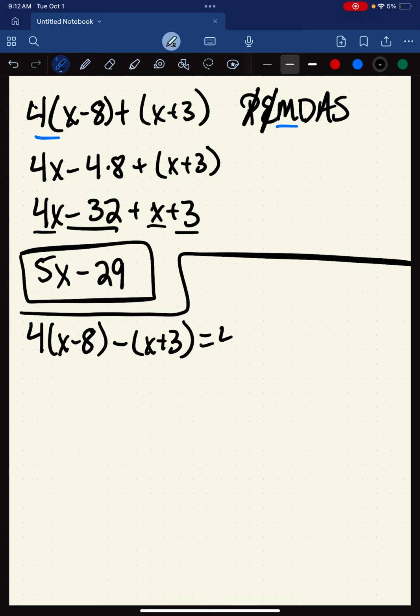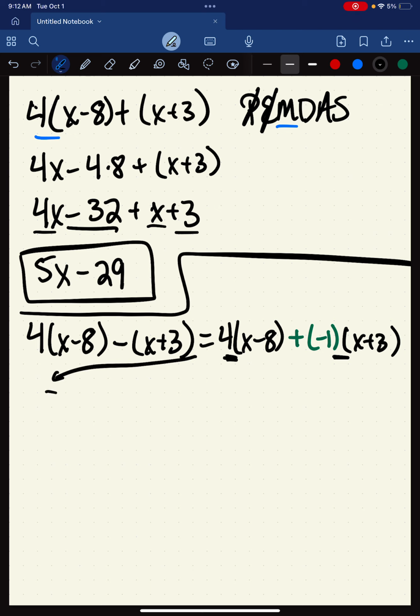And let me write that out here. We have 4 times (x minus 8). And really what we have here, and I'll write this in green, is plus negative 1 times (x plus 3). So we have two different multiplications here. So let's go ahead and do those.